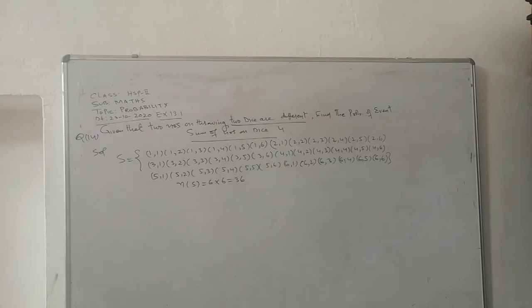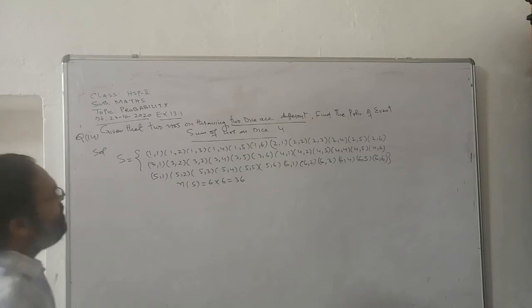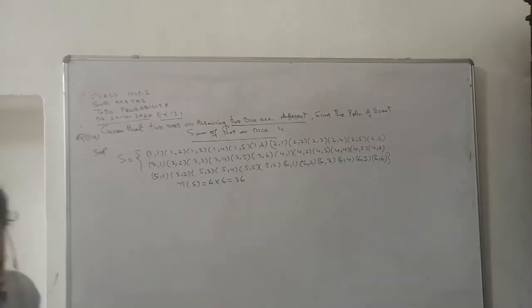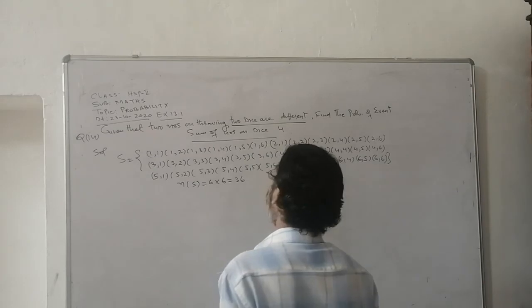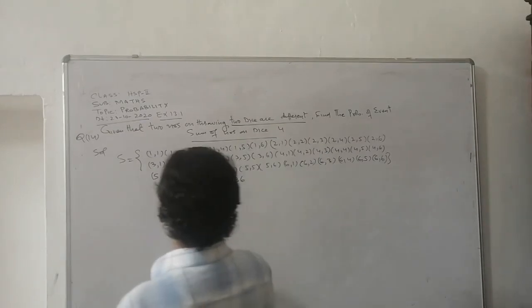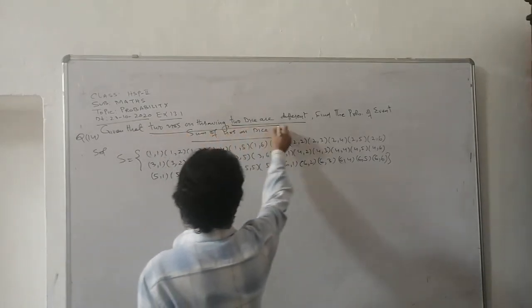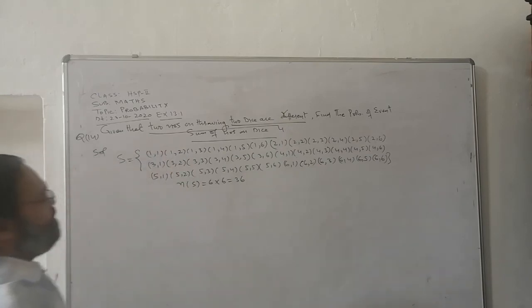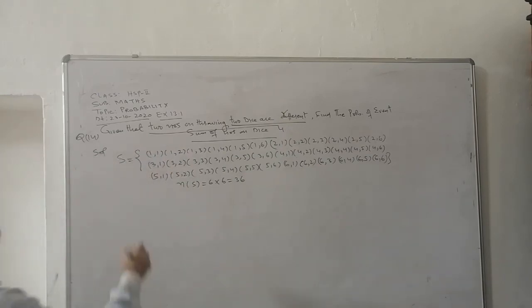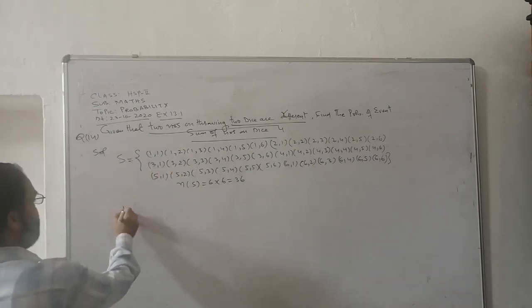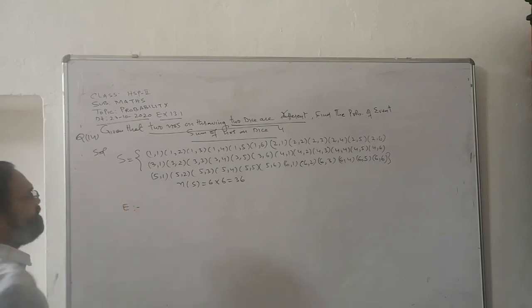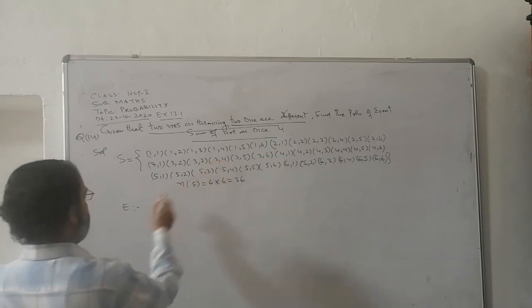So we have to find the probability of the event that the sum of the numbers shown by the dice is 4. Let E be the event where the sum of the numbers is 4.